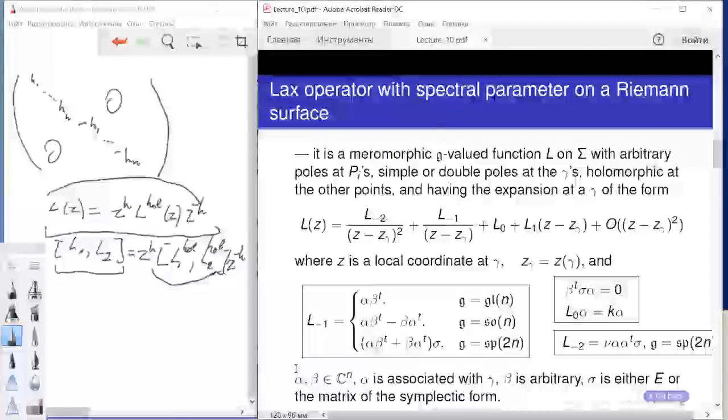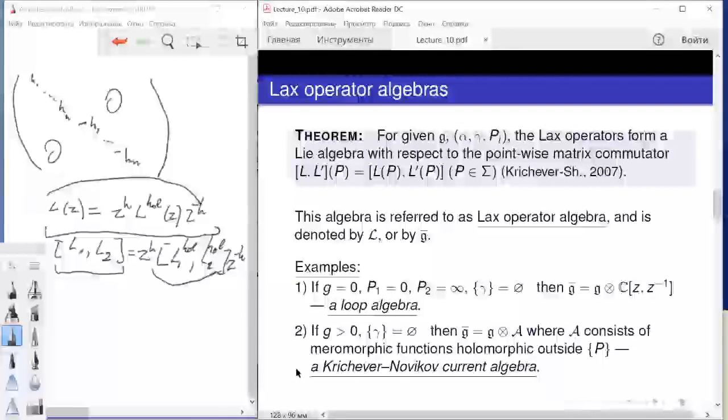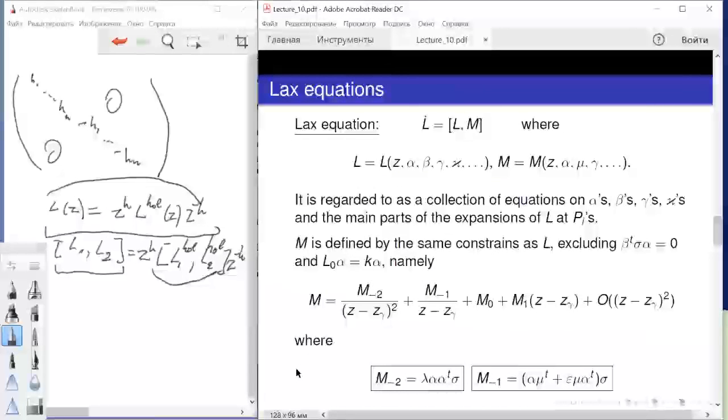So let's consider the following question: how to define a Lax equation?